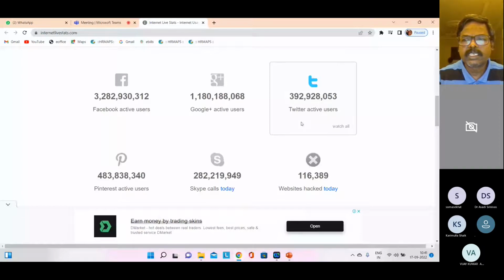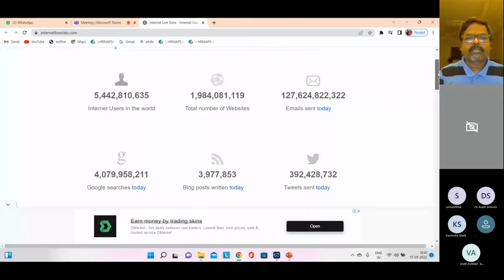So how many servers are required to store a huge volume of data? This is internet live statistics. That's why we are going to cloud computing. Cloud computing is an internet-based technology.